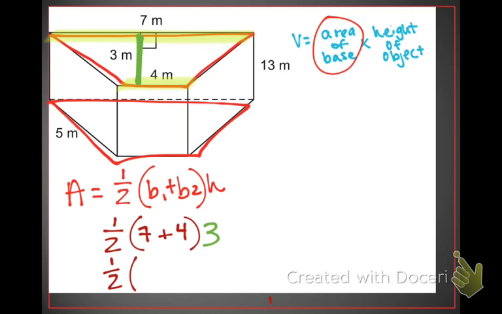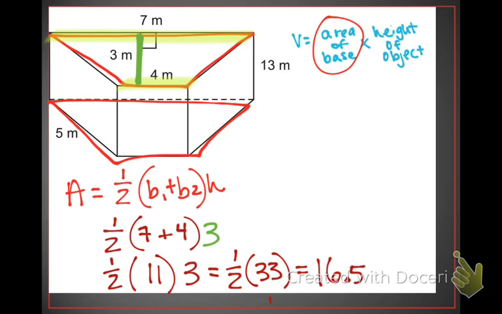So we do 1/2. What is 7 plus 4? 11. What's 11 times 3? 33. What is half of 33? 16.5. Times the height of the object.